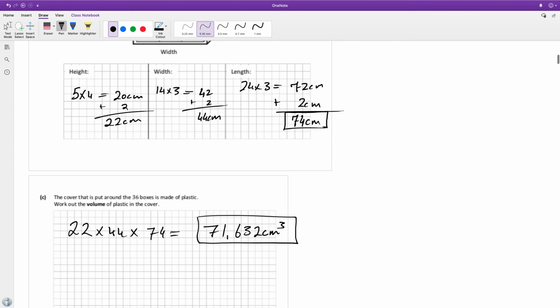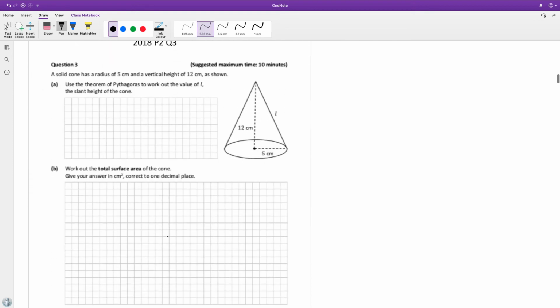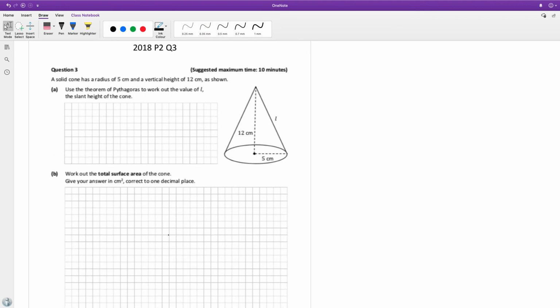Centimeters. Good stuff. Right, 2018 paper 2, question 3. Is your right side like that?